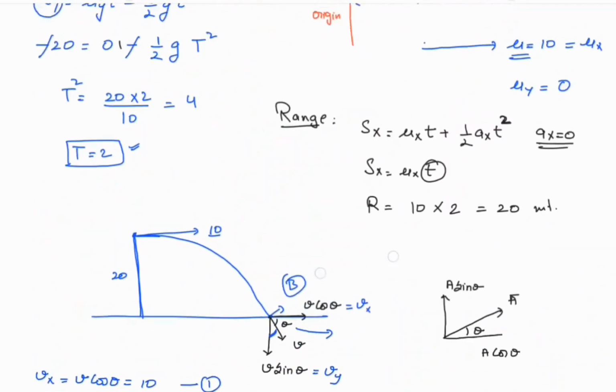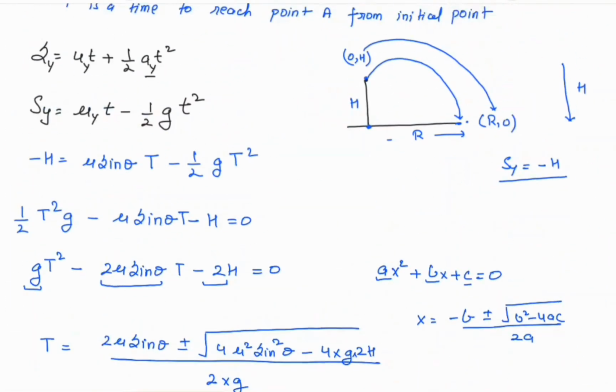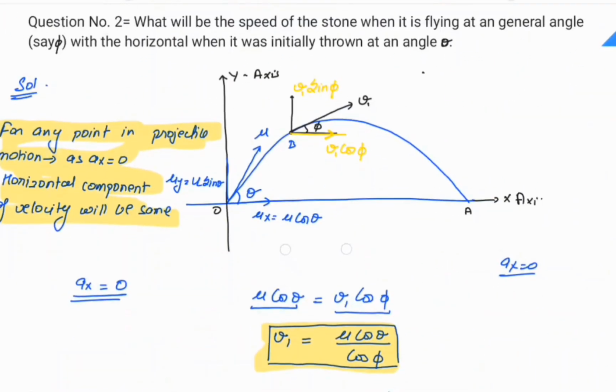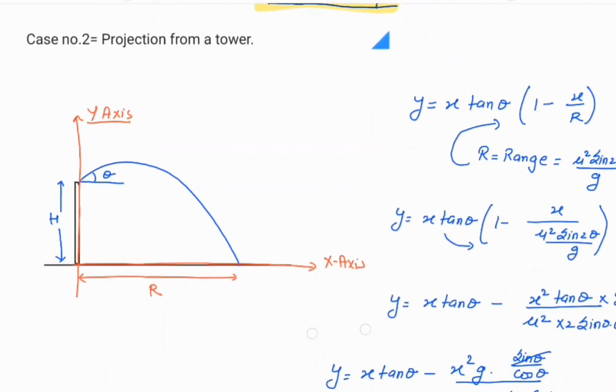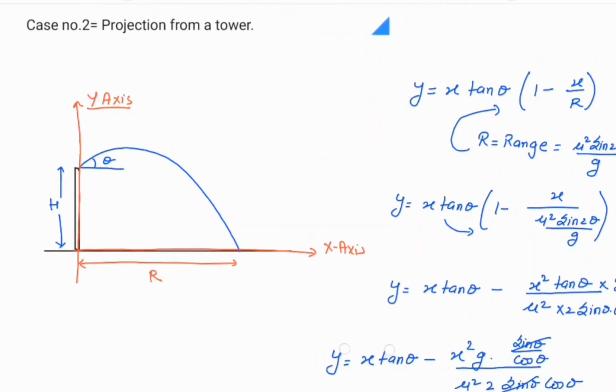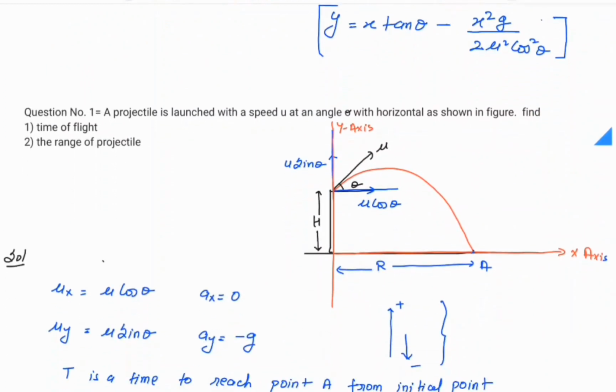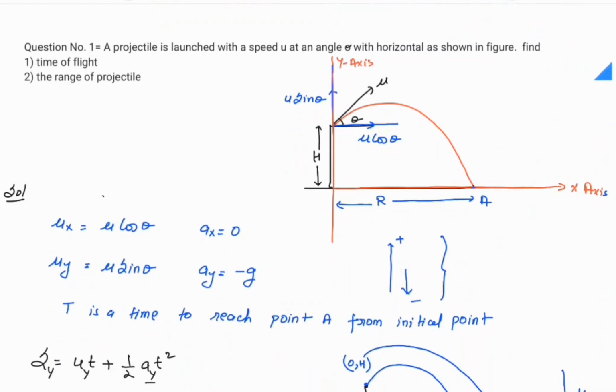Okay, in today's lecture, we started with a projection from the tower. Then we saw the first case, when we threw a projectile at angle theta from the horizontal axis.